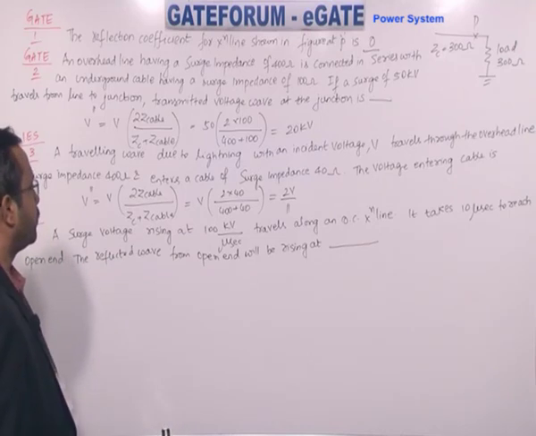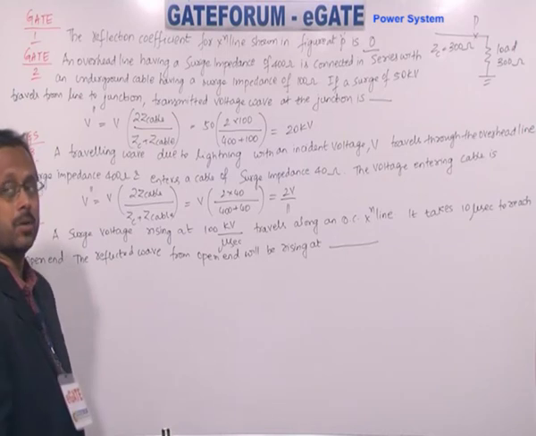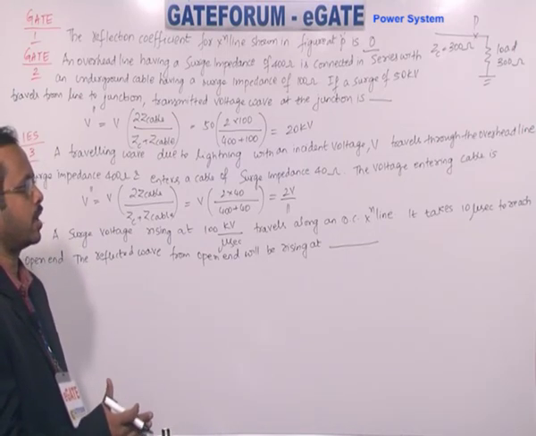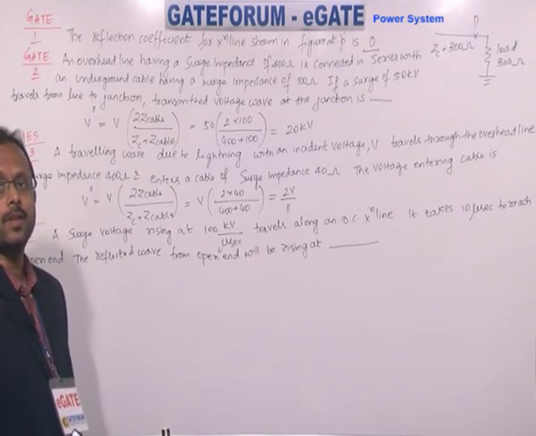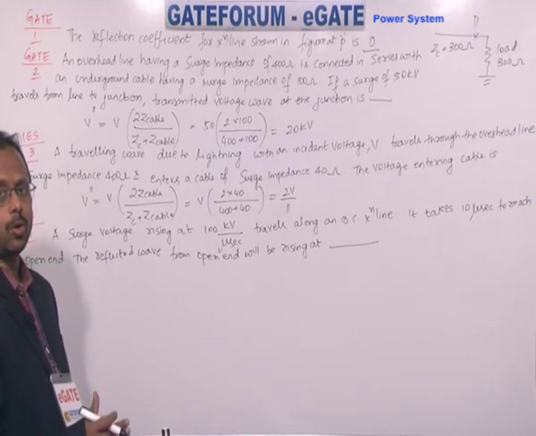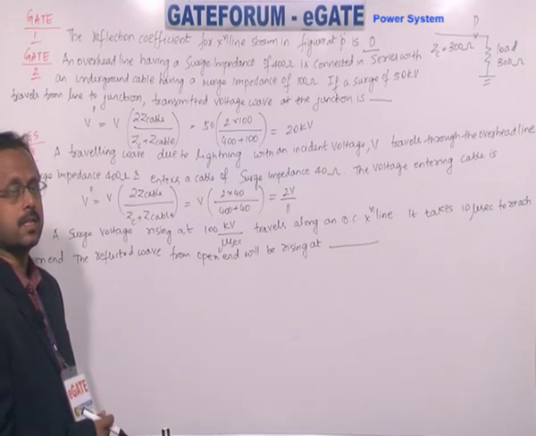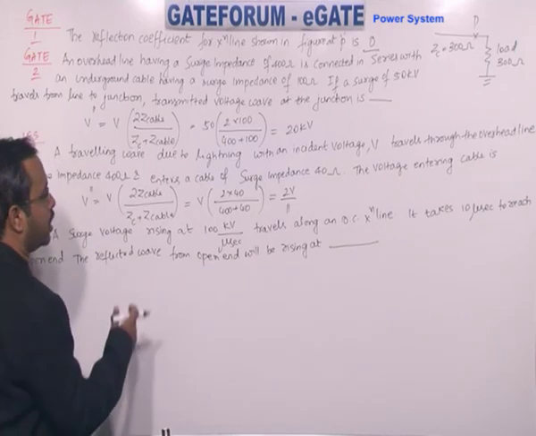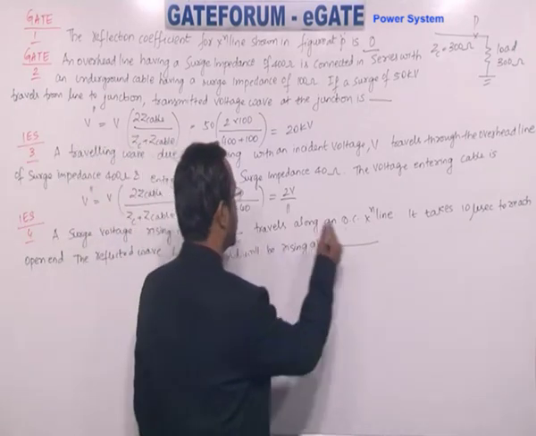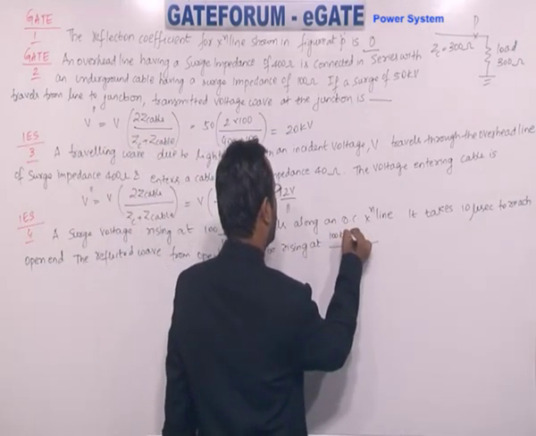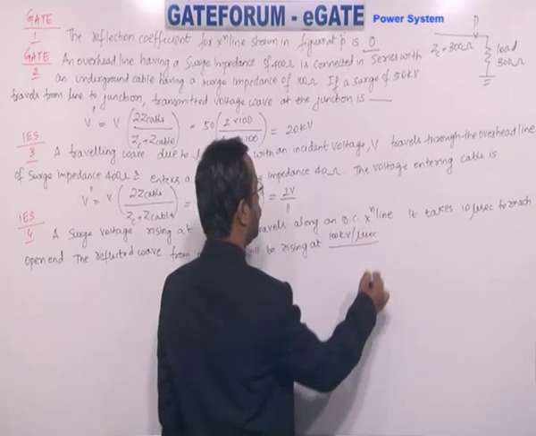For the reflected wave, you have an open circuited transmission line with the receiving end operating under open circuit condition. We know voltage at the open circuit receiving end increases by the same V. So at what rate will it increase? The same 100 kV per microsecond.